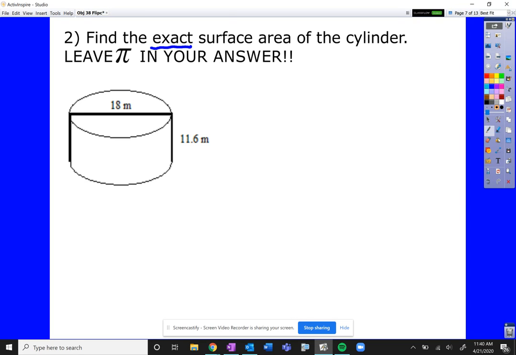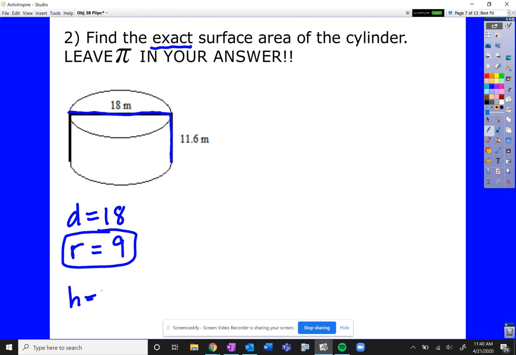Well, we know that the whole distance across the circle is 18, so that must be our diameter. But really, we know the formula only uses radius. So our radius must be half of that, which is 9. And it looks like we have a height of our cylinder here. So our height is 11.6. Hey, looks like we got what we need, so let's go do it.